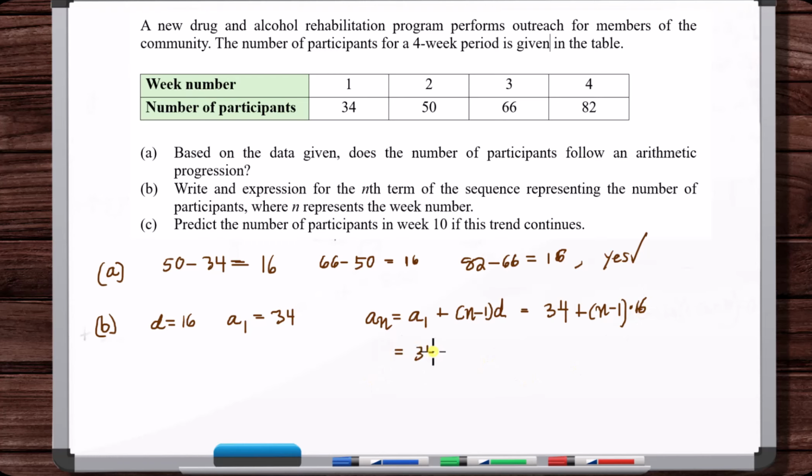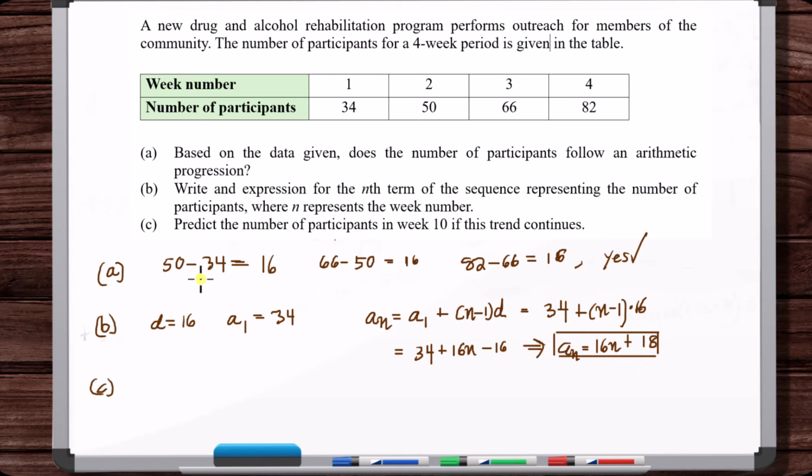So 34 plus 16n minus 16. So A sub n is equal to 16n plus 34 minus 16, which is 18. So that is your formula.